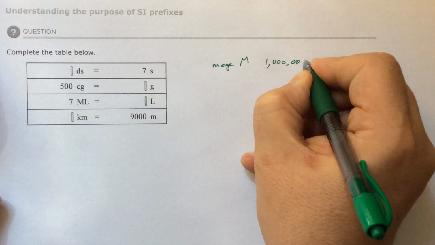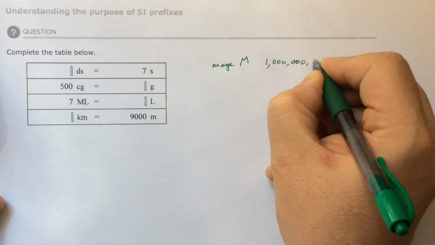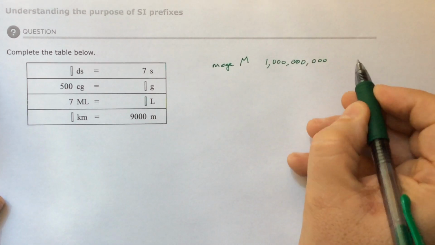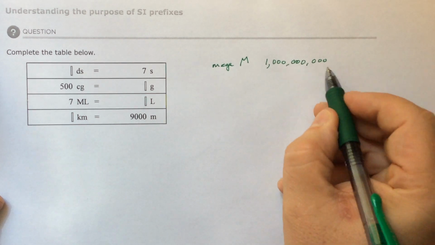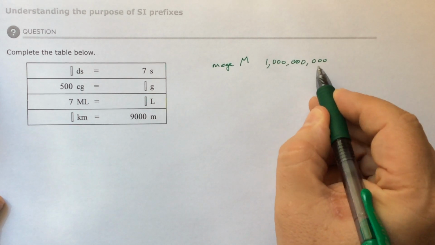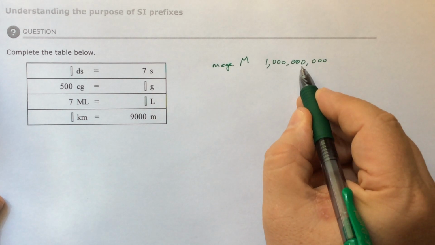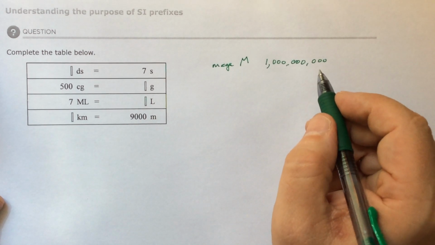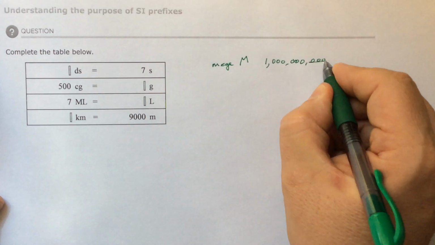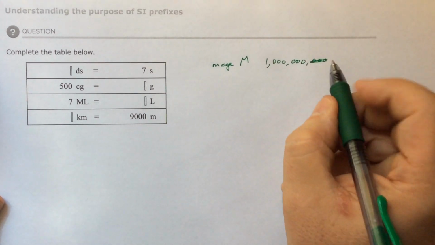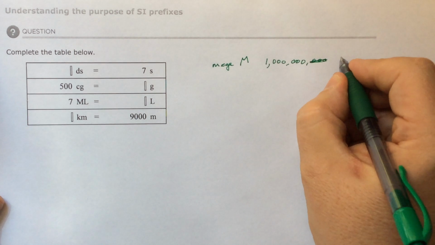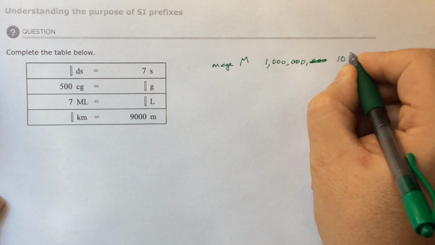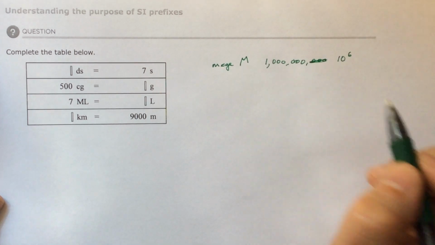If I were to write 1,000,000, I've got 6 zeros here, so 1,000,000 is 10 to the 6.